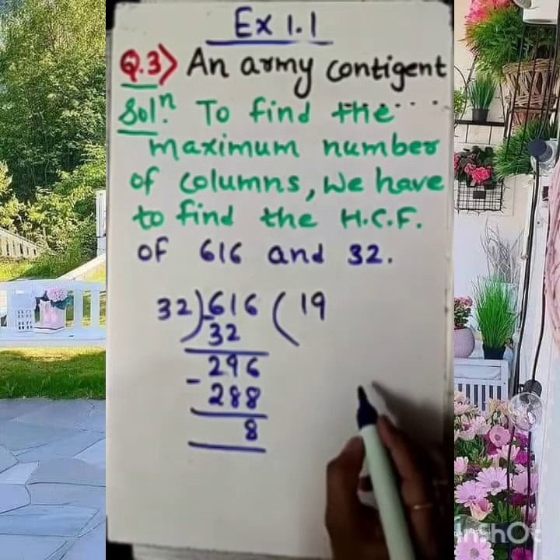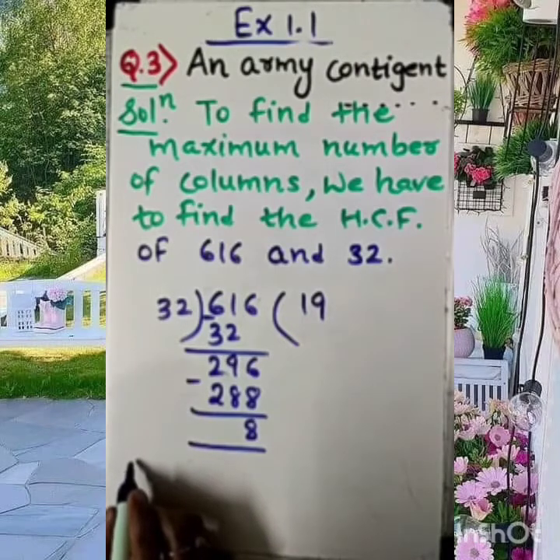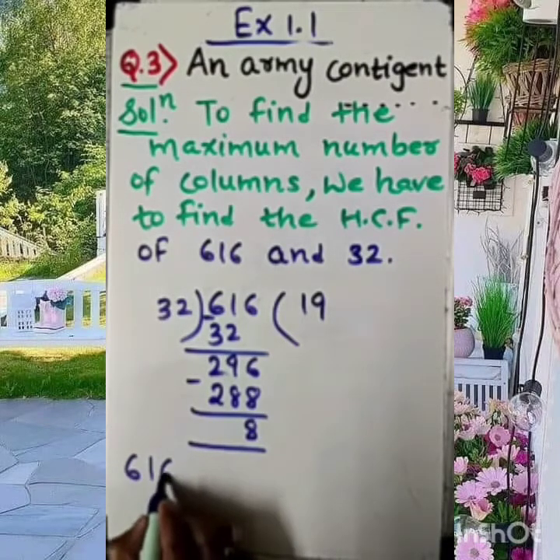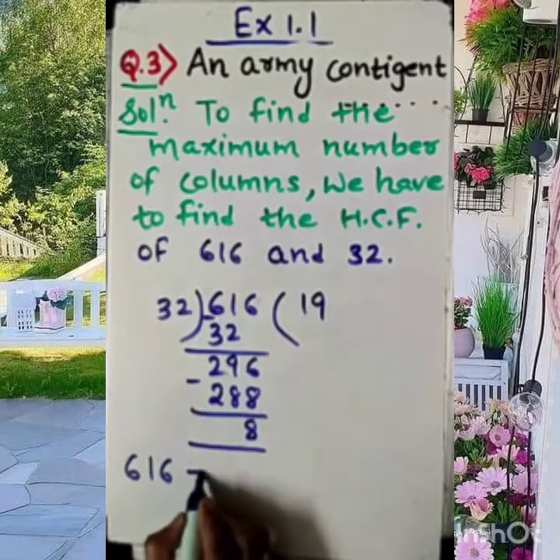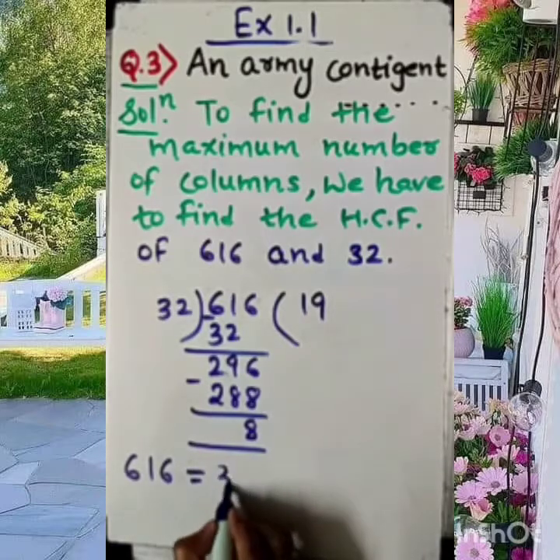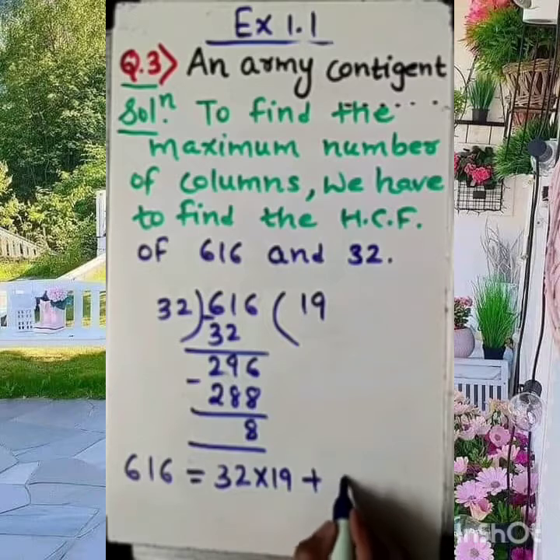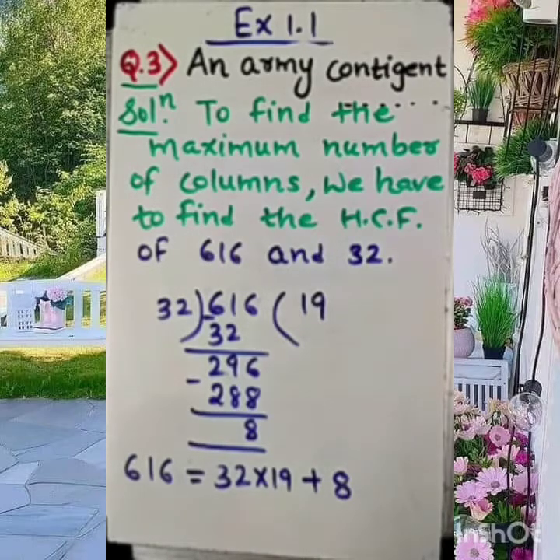Now one more thing we need to do here. We would like to say that 616 is equal to 32 into 19 plus 8 remainder. Agree? 616 can be written as 32 into 19 plus 8.